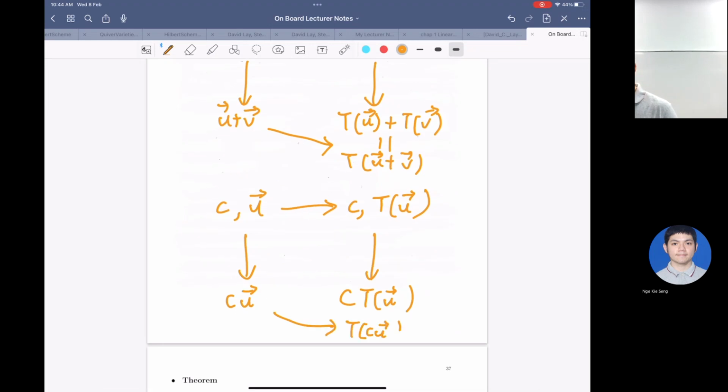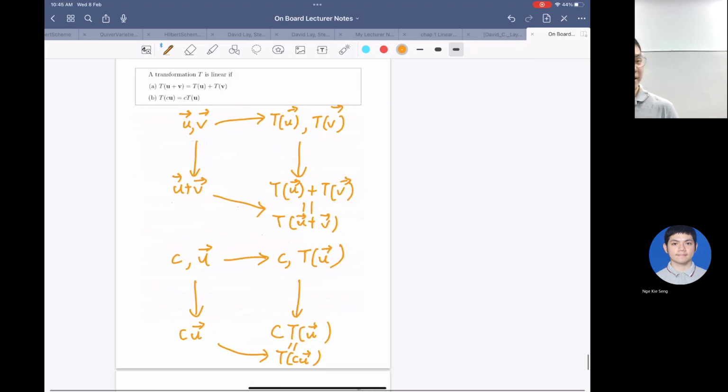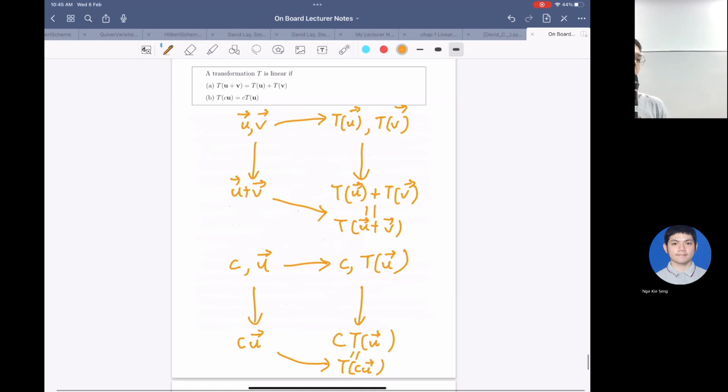And then we want them to be equal. So we want the transformation to respect these two operations. That's why we have these two conditions here. Anything that satisfies these two conditions is a linear transformation.